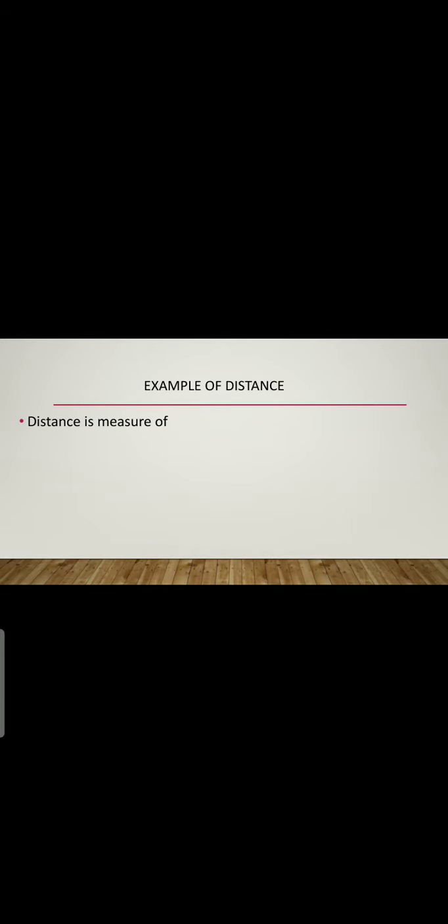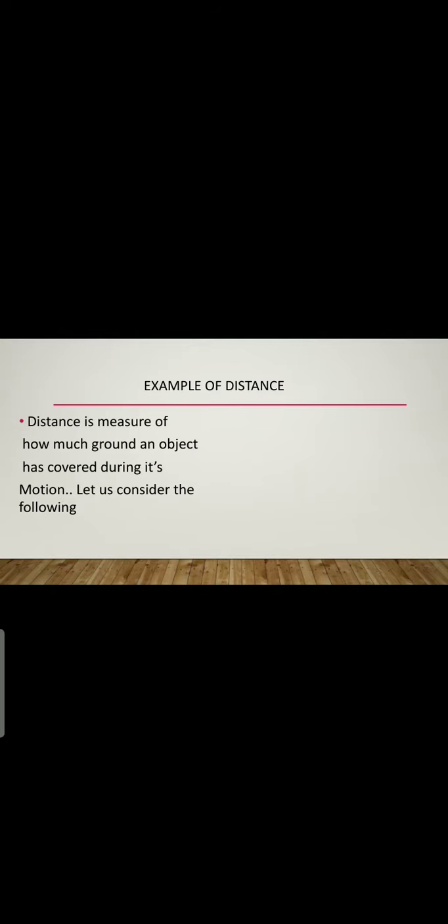Let us come to the example of distance. Distance is the measure of how much ground an object has covered during its motion. We can take daily life examples of any kind of body, such as vehicles or ourselves, human beings.